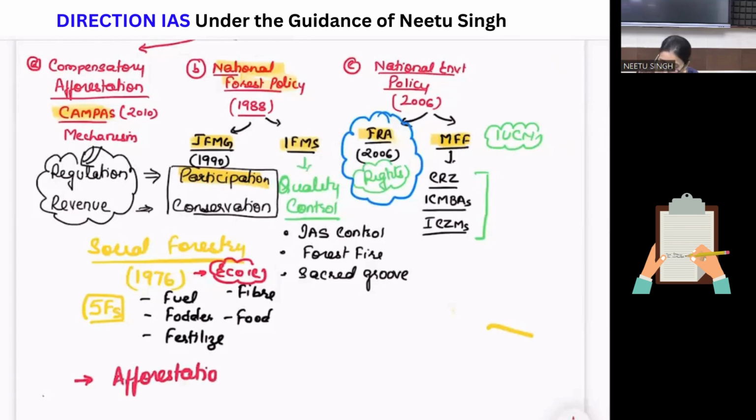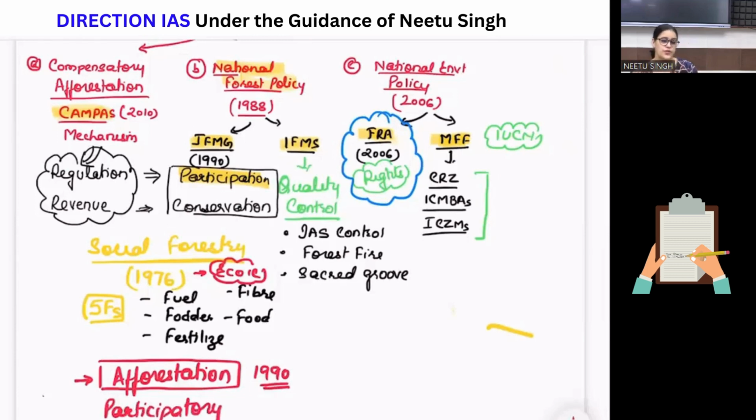Social forestry under the National Forest Policy and the Joint Forest Management Guidelines since the 1990s is about participatory afforestation, because we had the success of social forestry. So now you cultivate to harvest, and you cultivate to maintain. That kind of participatory social forestry in afforestation was mobilized.